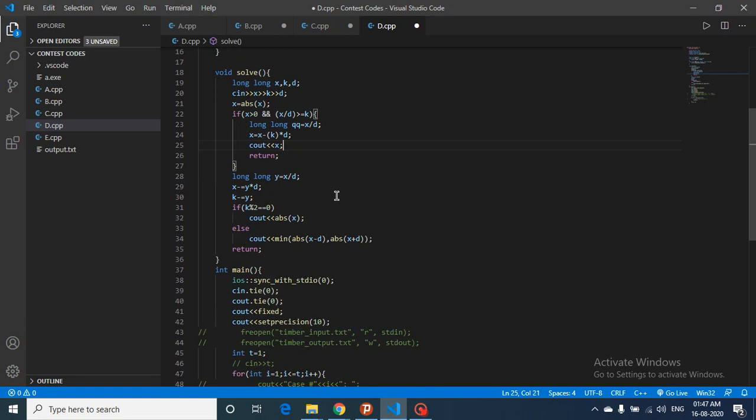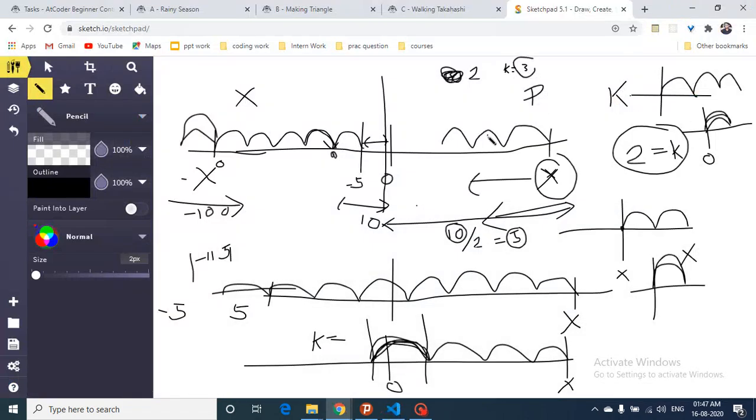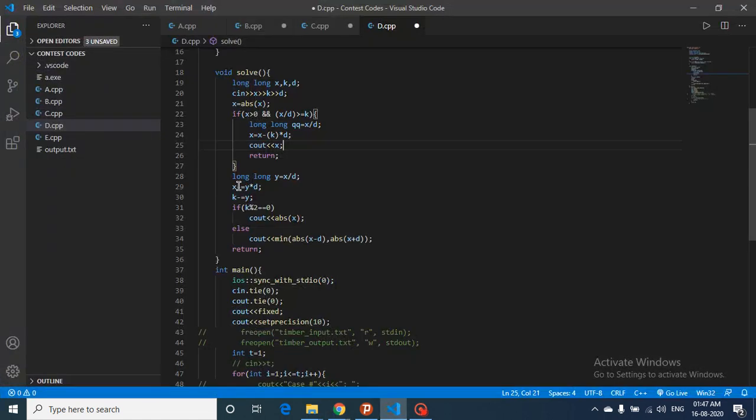Else, if I cannot do all the hops, then it means that k is larger. I have like 100 hops and I can only do 5 hops to reach 0. So what will I do? I will reach as close to 0 as possible. I divide x by the hop distance, and I have done some hops to reach as close as possible, so I have done this amount of hops.